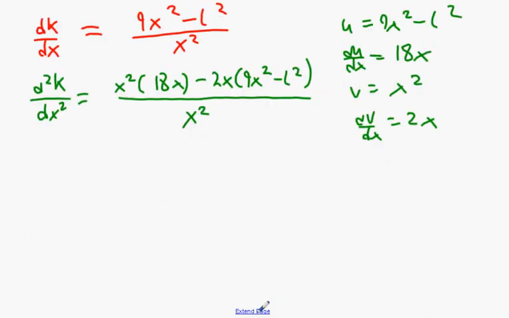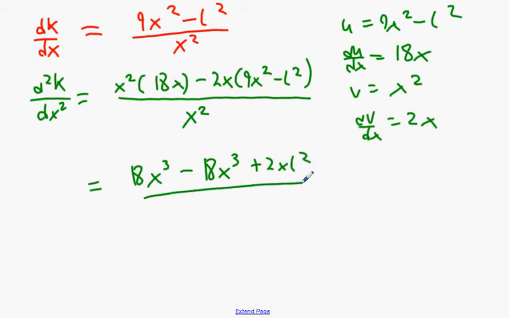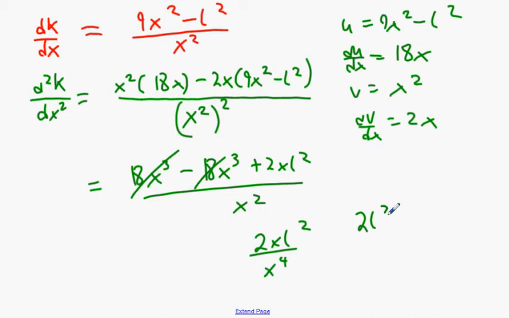Now, 18x cubed minus 18x cubed plus 2xL squared all over x squared. Cancel, cancel. 2xL squared all over x squared, which is x to the power 4. 2L squared over x to the power 3.